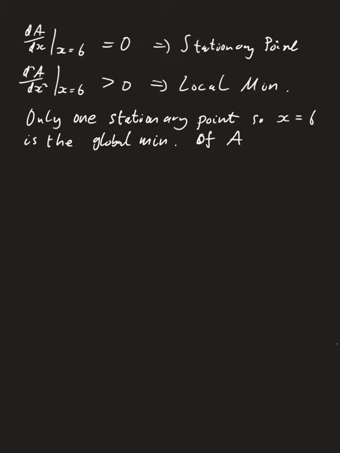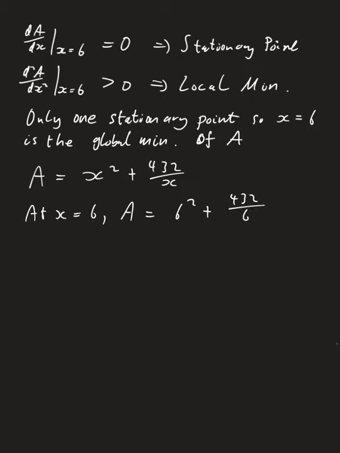So what actually is that area? Well, our formula for A from before is that A is equal to x squared plus 432 over x. So at x equal to 6, the area is equal to 6 squared plus 432 divided by 6, which is 36 plus 72, equal to 108.